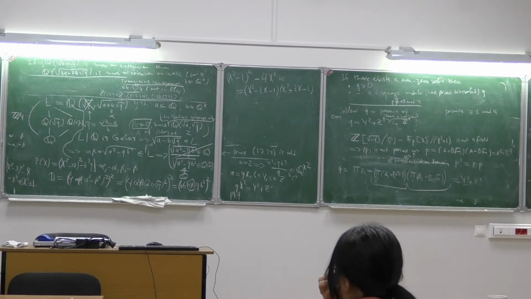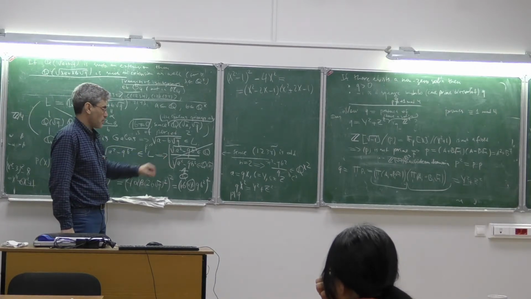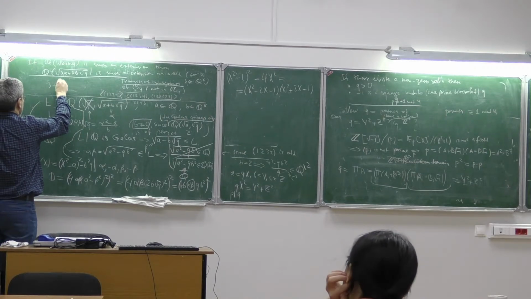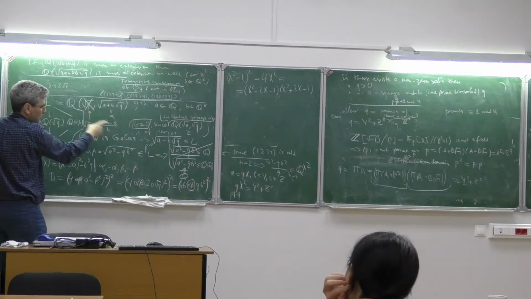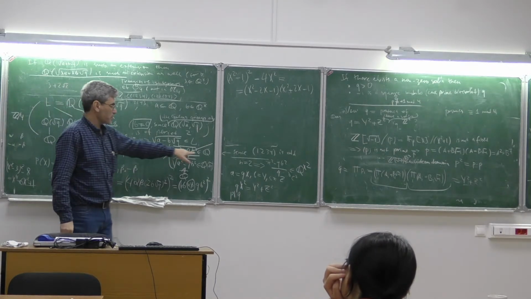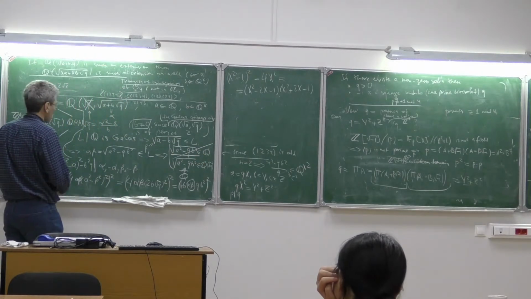So it was excluded here. So the example was 3 plus 2 square root of 2, and here a square minus q b square was 1. So you see that it was excluded already at this point.